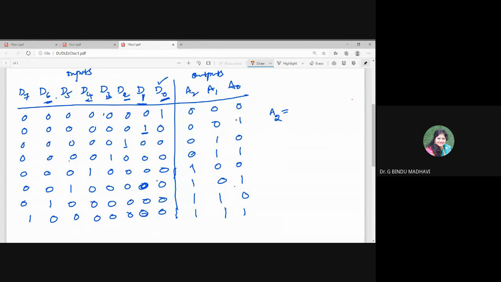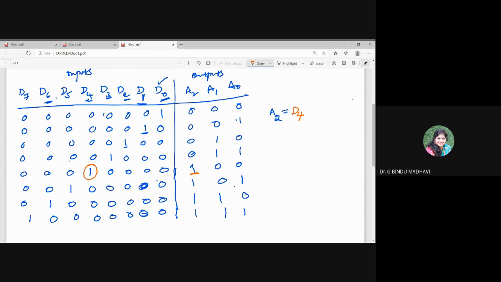D4. Yes, D4, because here A2 is having 1. So with respect to this one, which input is active? You need to consider that.